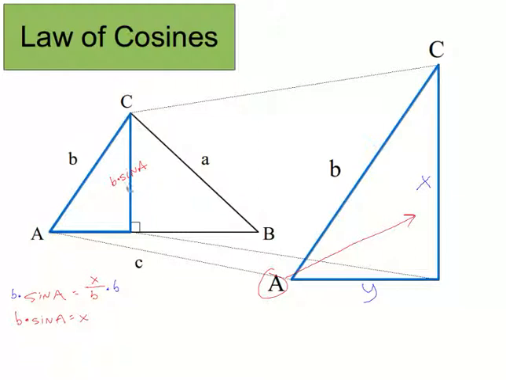So we could rewrite X as B times the sine of angle A. And that's going to be better than X because it takes one of the variables out of the problem. We now have this side length in terms of the other variables. Let's do the same thing for side length Y down here.